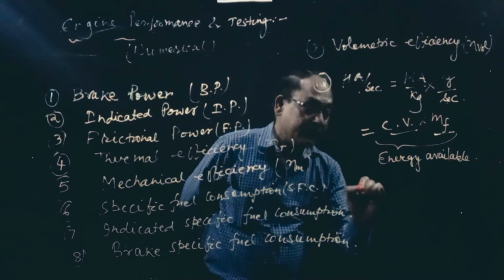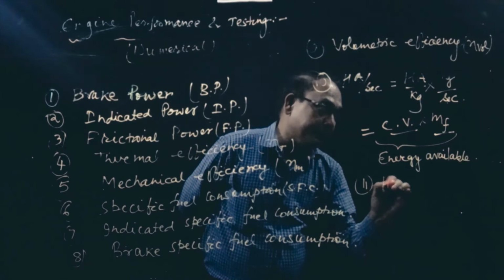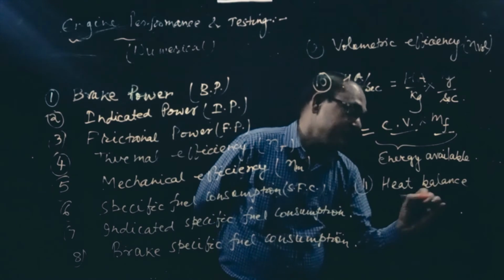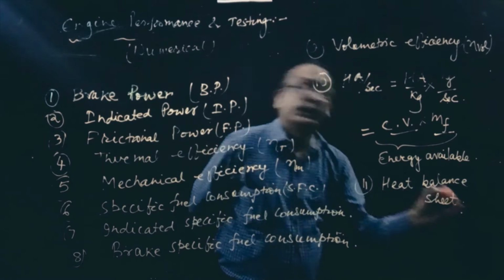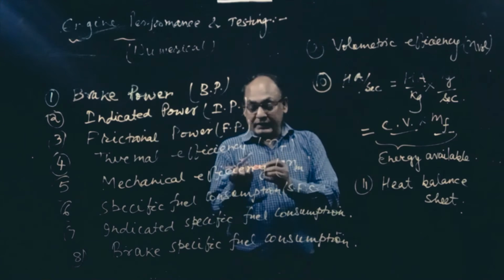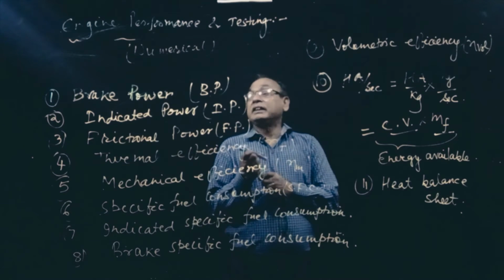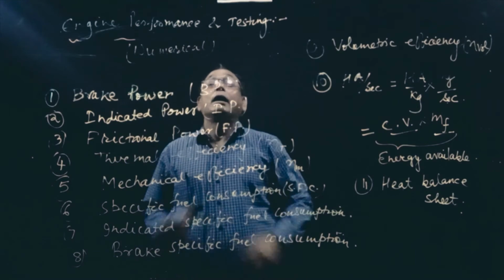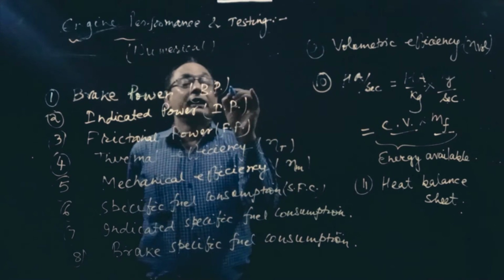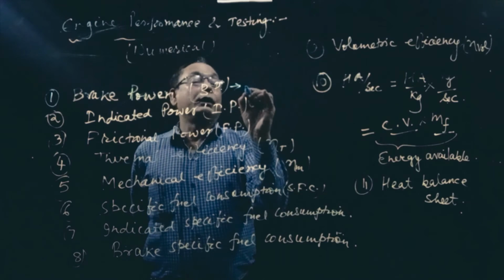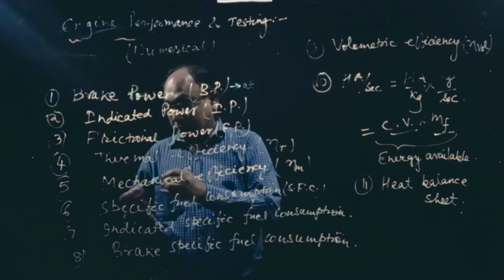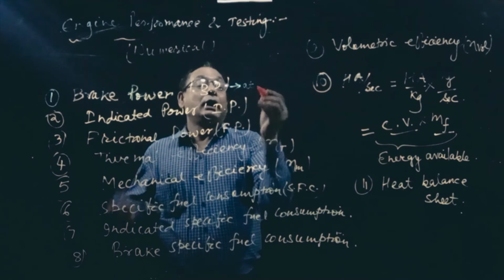Okay, next we have to find out the heat balance sheet. Okay, so now let us discuss one by one. What is brake power? That is power available at the output shaft.